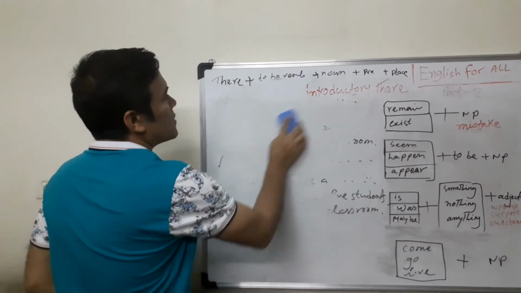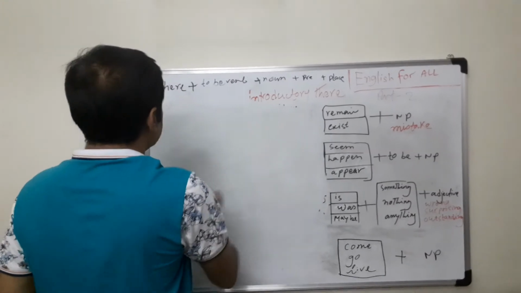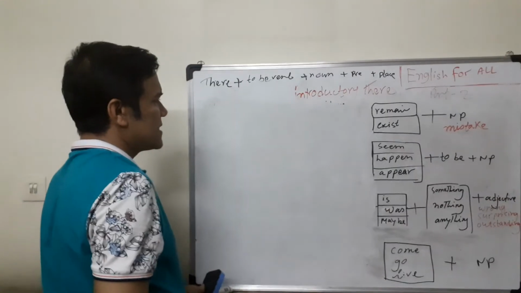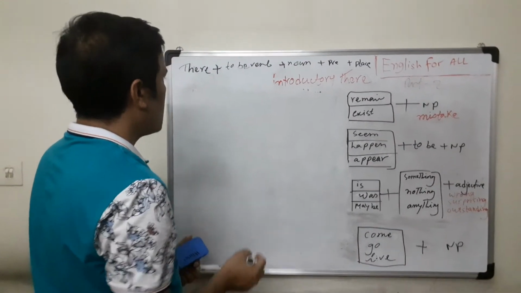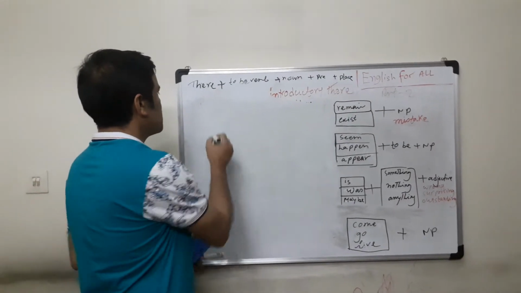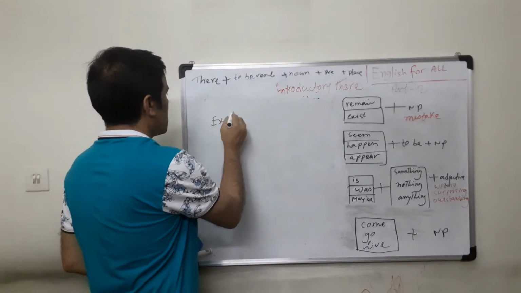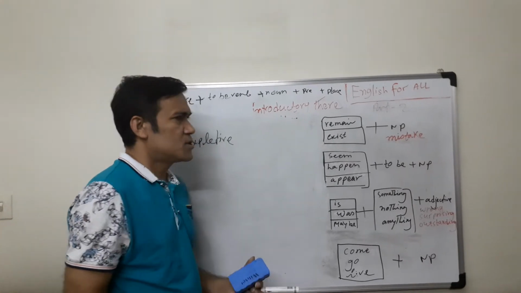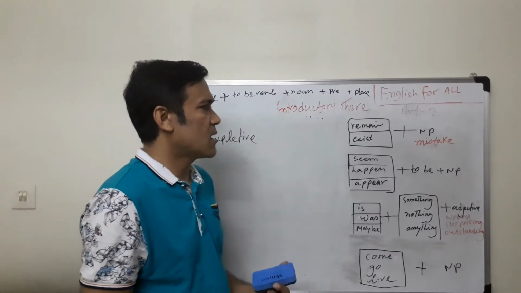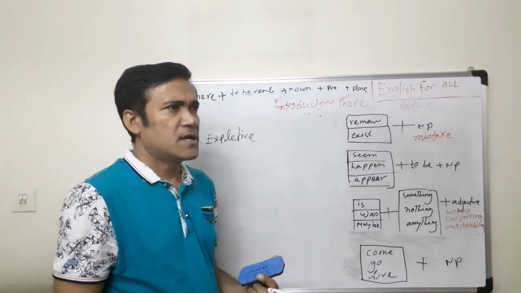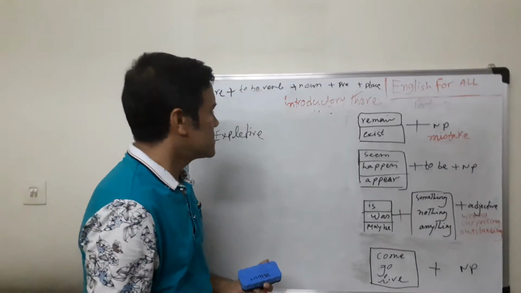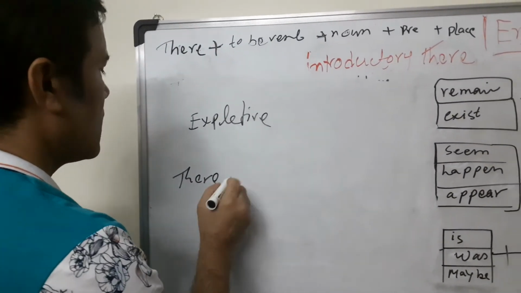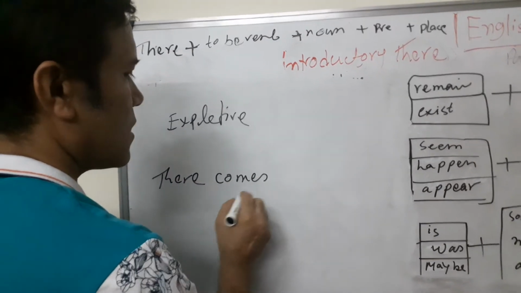Now I'm going to discuss expletive there and adverb there. To make sentences with expletive there, you need to understand what expletive means. Expletive means interjection, to express something. We use this expletive there, like there comes a boy.